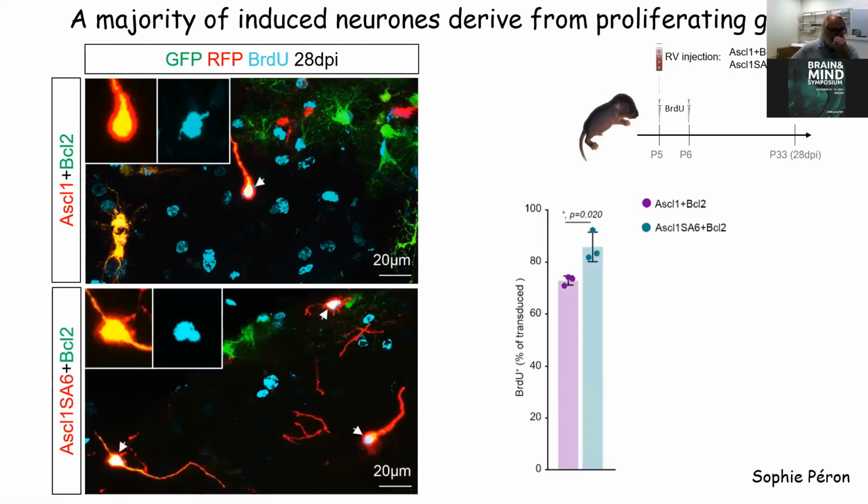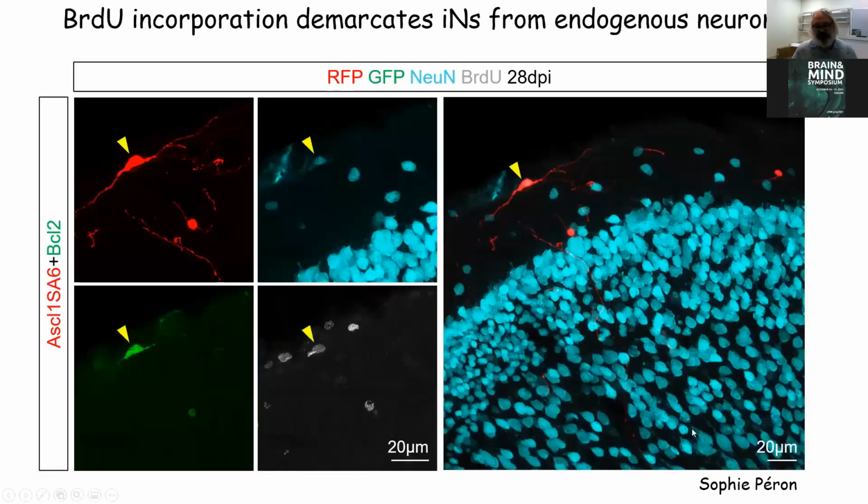And what she sees is that, both for the wild type and the mutant, the vast majority of cells that we obtain that turn into neurons also incorporate BrdU, indicating that these cells that we label here are not endogenous neurons, because the endogenous neurons would no longer incorporate BrdU.